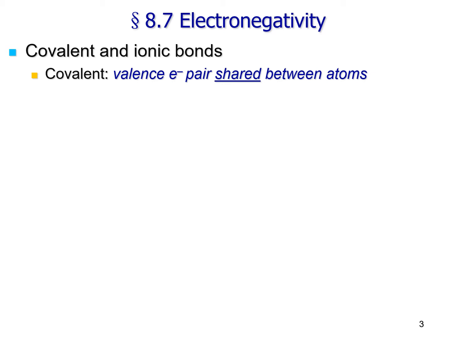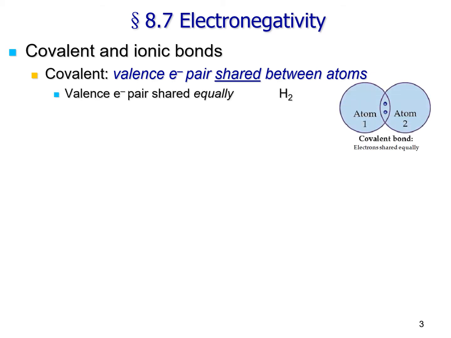And for a covalent bond, a valence electron pair is shared between atoms. I can think of two cases. The first scenario: the valence electron pair is shared equally. In the case of hydrogen, those nuclei have the same attraction toward that bonding pair.